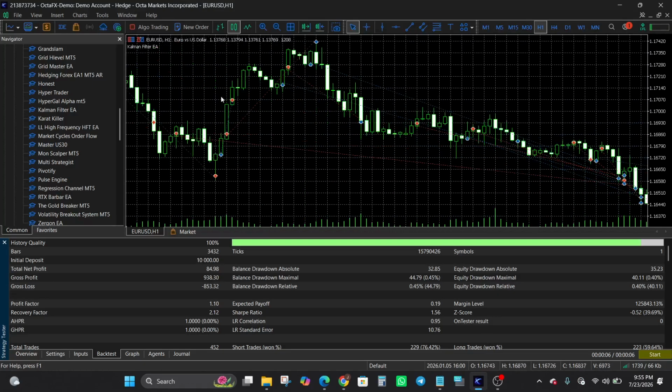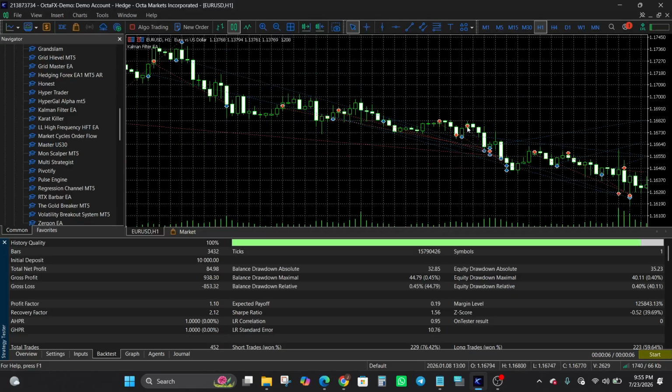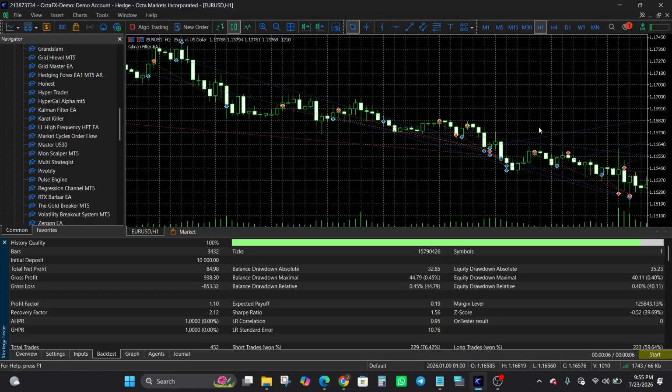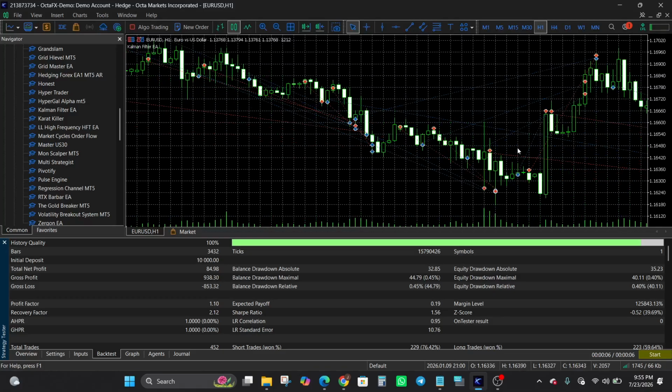You can see this chart here, the trade history. Each of them will be holding its own independent SL and TP. The average trade holding time was around 28 hours, showing that it functions as a swing or position style intraday system rather than a fast scalper.